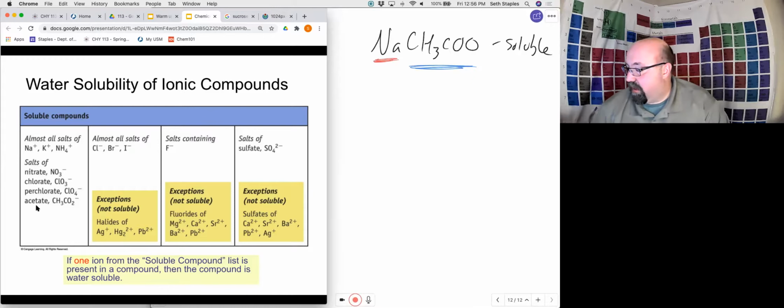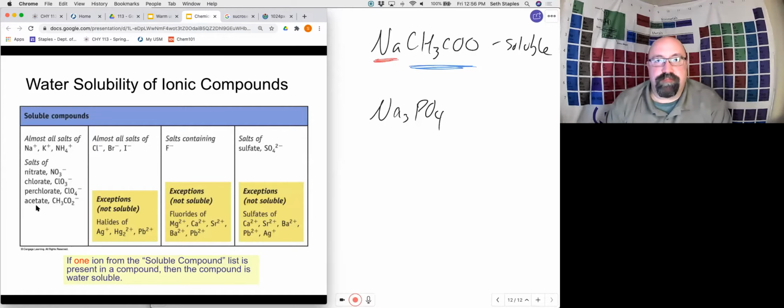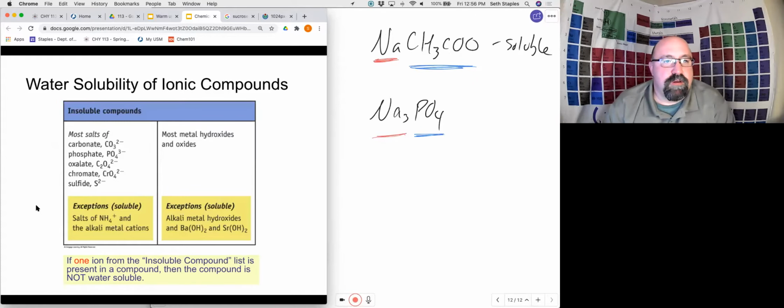Let's say I have sodium phosphate. So again, we recognize what our ions are. It's made up of both sodium and phosphate. Almost all salts of sodium are soluble. Okay. Let's see if there's anything on our insoluble list, and there is. Phosphate's on our insoluble list.